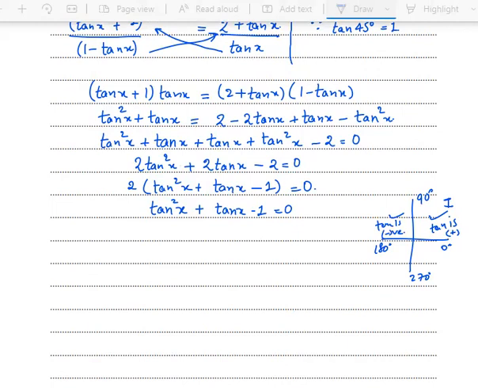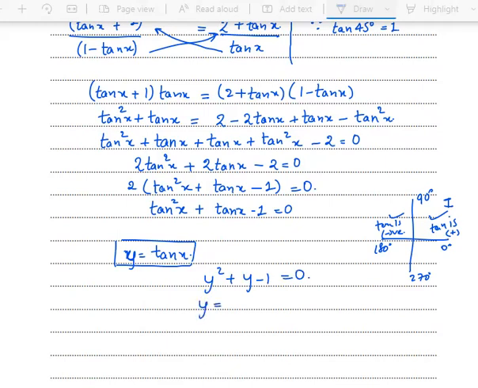All right. So if I solve this, I can assume y is equals to tan x. If I assume y equals to tan x, basically I have y square plus y minus 1 equals to 0.